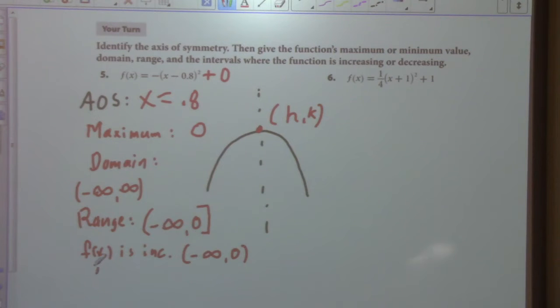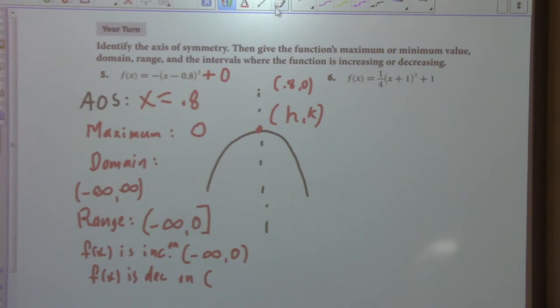Okay, and where is f of x decreasing? I should have said on, meaning on the interval. Where is f of x decreasing? We came all the way up here to 0.8.